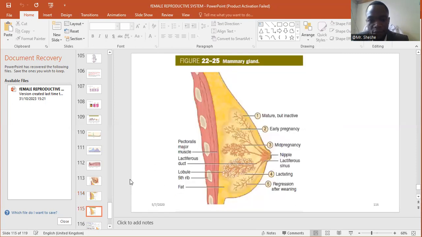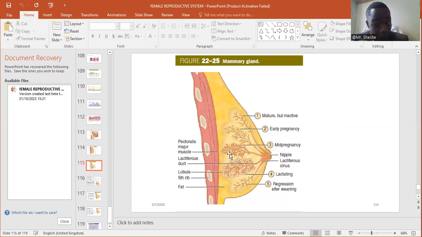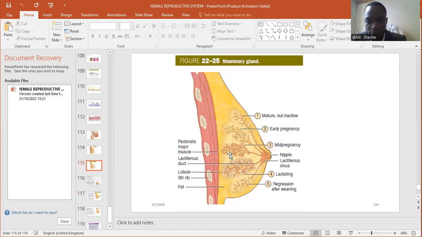Okay. So what we have now in this diagram is a breast in different phases. So you can have a breast before pregnancy, a breast in early pregnancy, the breast during pregnancy, and the breast after pregnancy. So you have the breast in those stages.